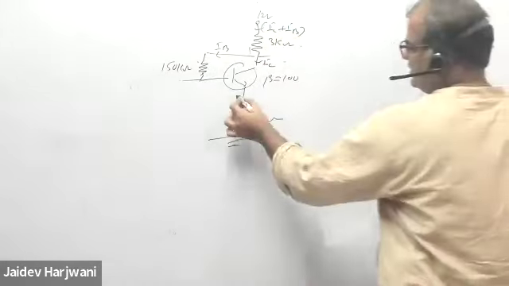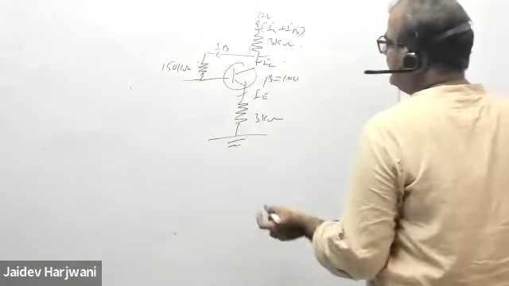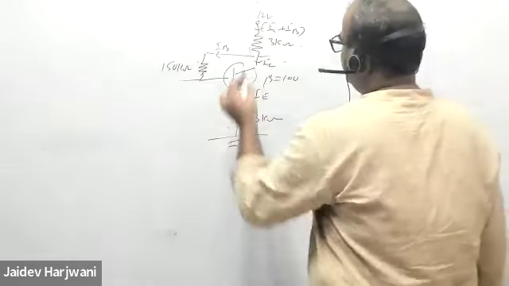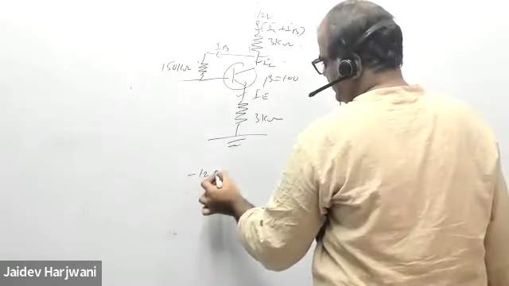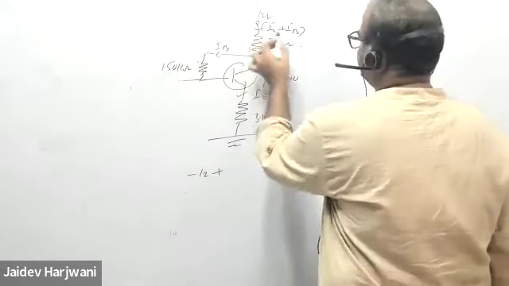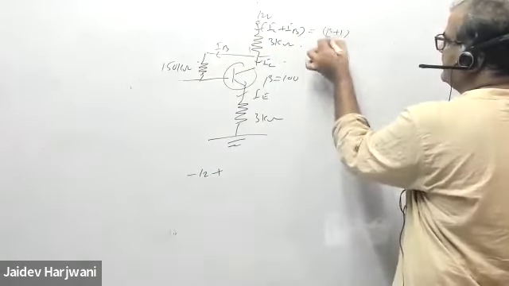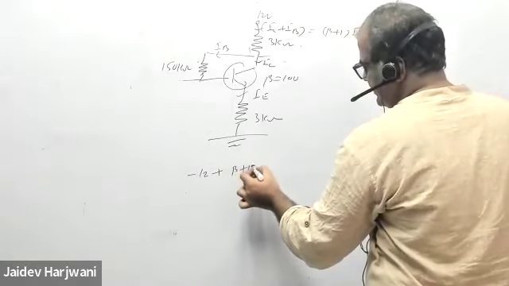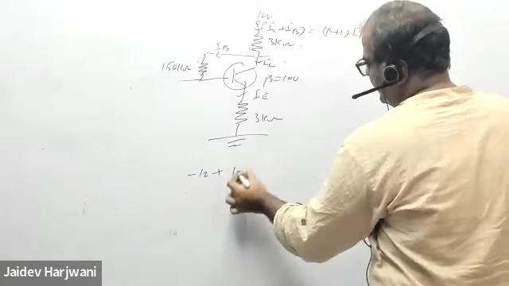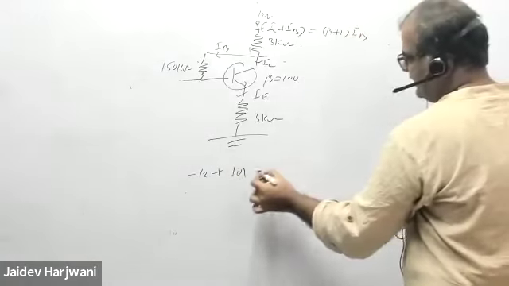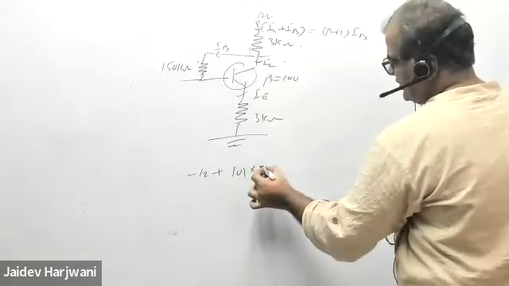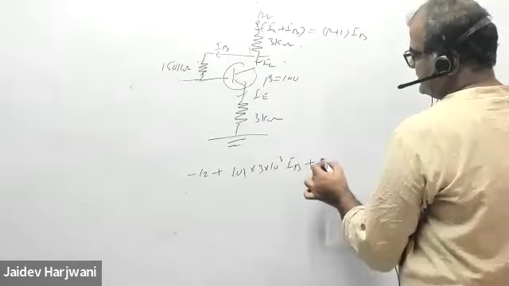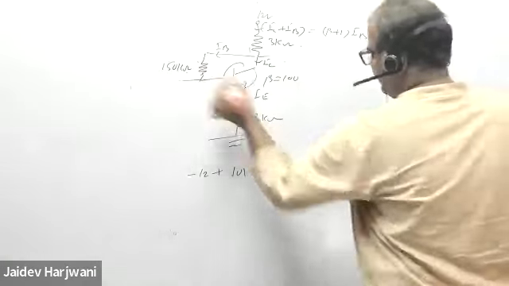Okay. And this current is your IE. So you can write easily, very easily. You can find the IB value. So how can you write? So you can write minus 12 volt plus IC plus IB, that is beta plus 1 IB. Okay, so beta plus 1, that is 101 IB, and this is 3 kilo ohm into IB plus IB into 150 kilo ohm.